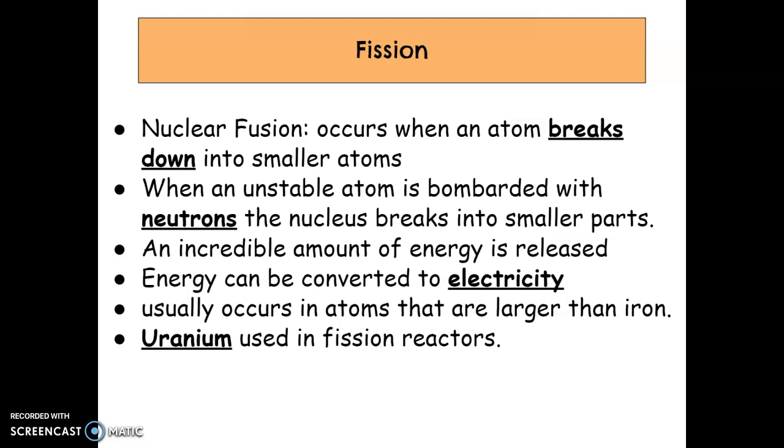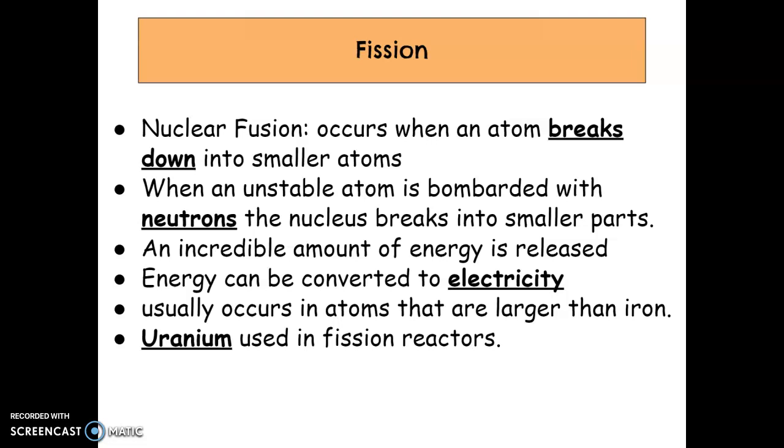Again, an incredible amount of energy is released, and this can then be converted to electricity. This is going to happen in atoms that are typically larger than iron, and for us, we are using uranium. So fission is man-made. This does not happen naturally because it takes a large amount of energy and manipulation in order to split an atom.